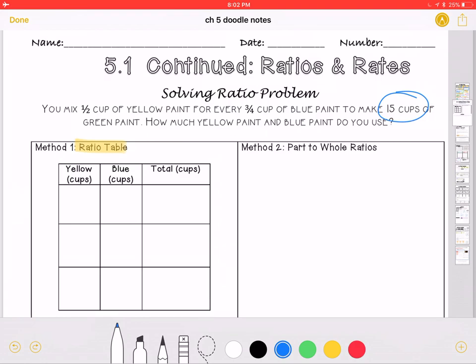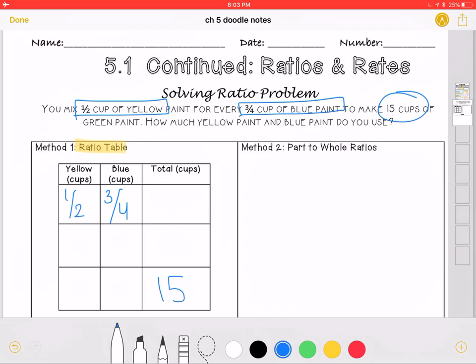So now let's just plug in what we know. It's half a cup of yellow paint for every 3/4 cup of blue paint. So I'm going to put a half here for the yellow, and it's 3/4 here for the blue. We're trying to get to a total of 15 cups. So that's going to go in your bottom right-hand corner.